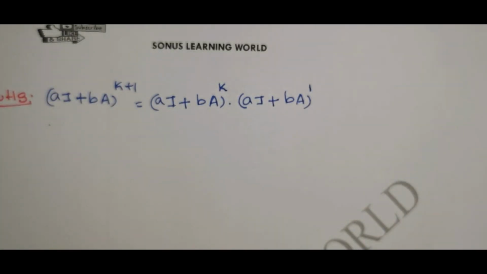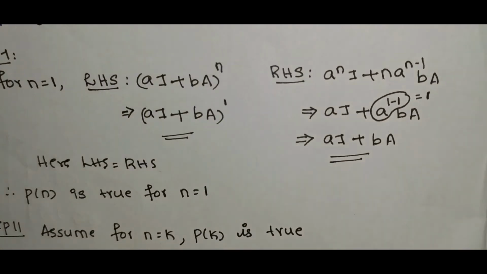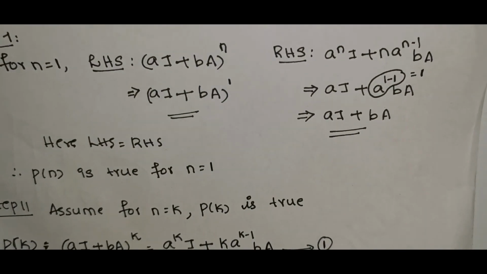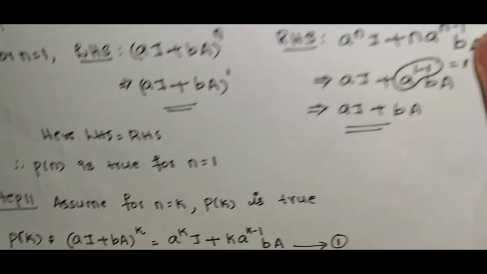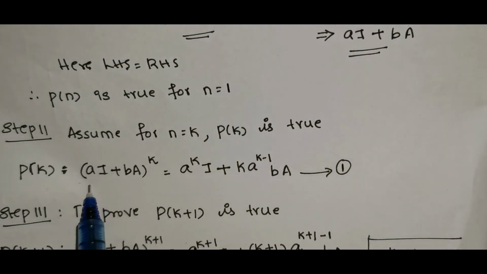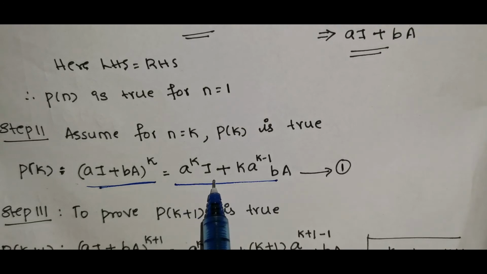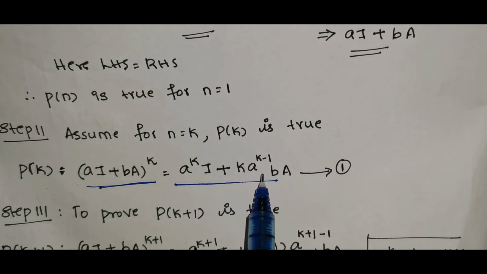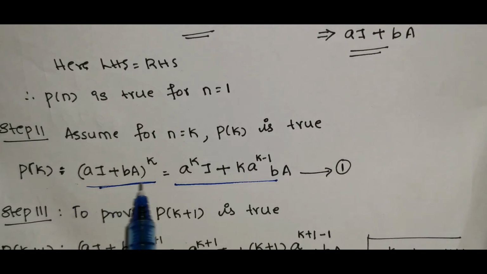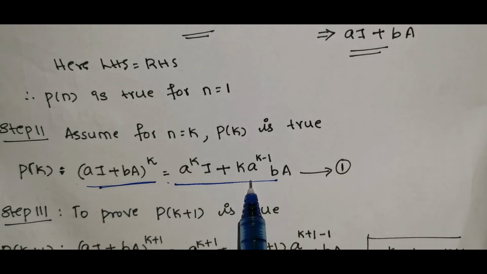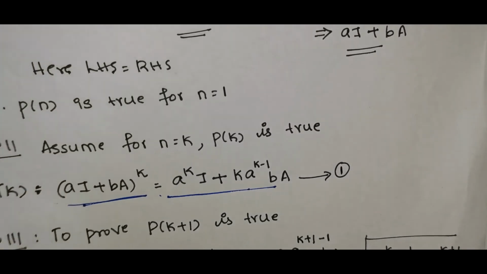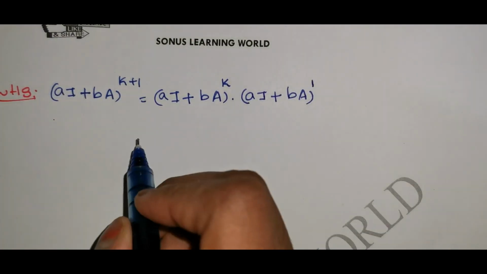So students, here instead of (ai plus ba) the whole raised to k, from equation number 1, (ai plus ba) the whole raised to k is equal to a raised to k i plus k a raised to k minus 1 ba. So we can substitute this particular value.